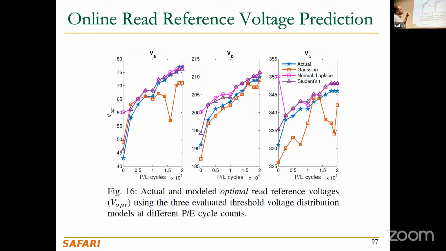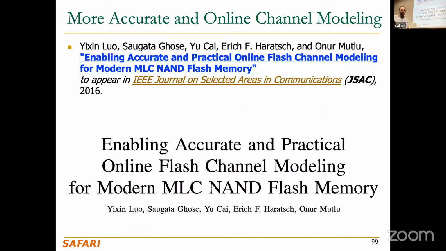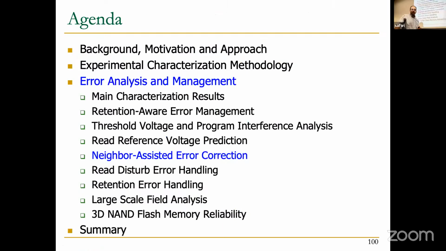The actual is the curve with star dots, but with this student's T, you can see that we more or less managed to predict the actual behavior. Because of that, we could have a raw bit error rate similar to what we can achieve by knowing the actual values.